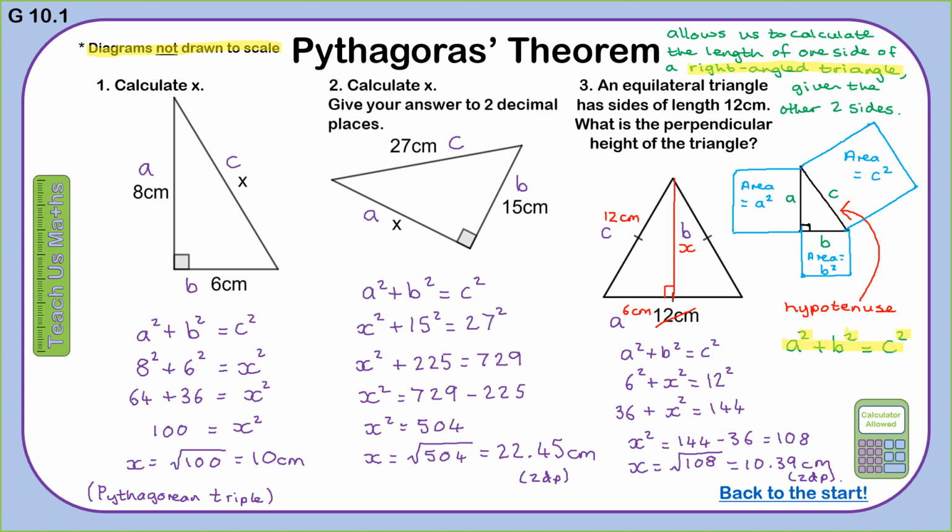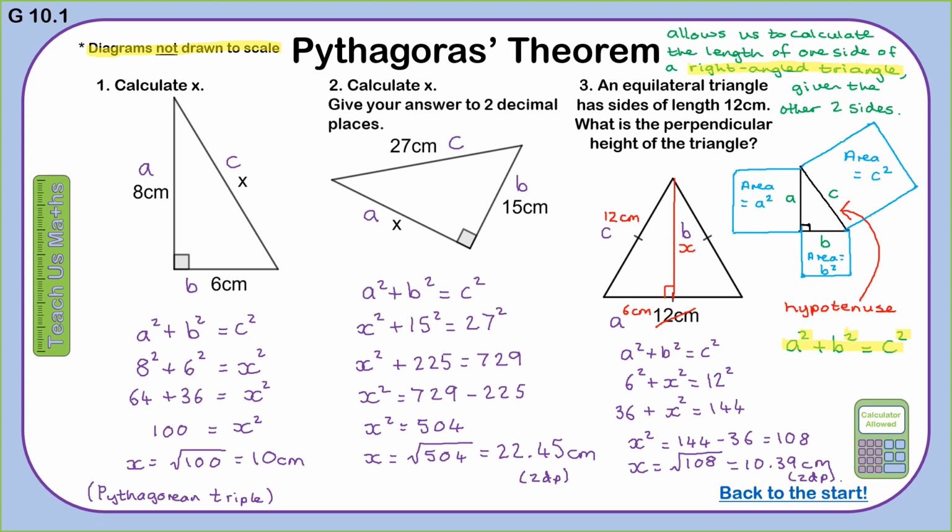You then write down Pythagoras' theorem, substitute in the two lengths that you know, calculate the bits that you can, and then solve for X by either adding when you are calculating the hypotenuse or subtracting when you are calculating one of the smaller sides. And then, of course, finally square rooting. Remember as well to give units for your answer.